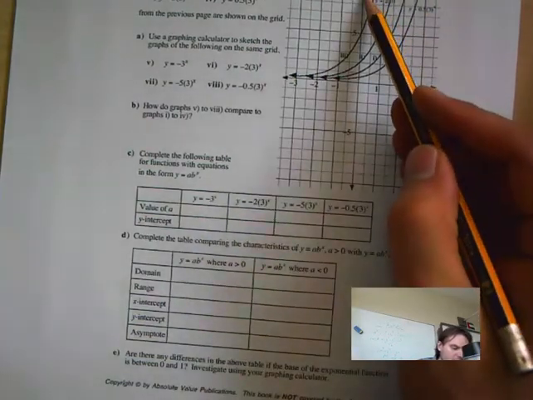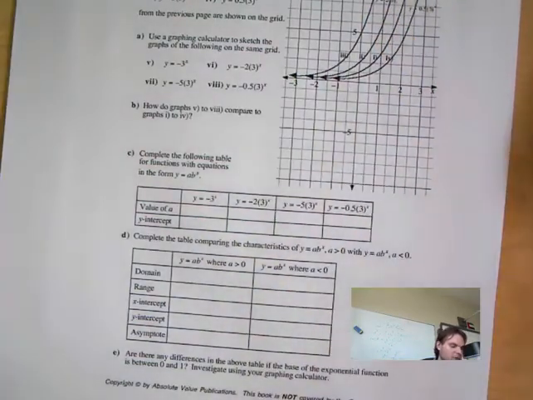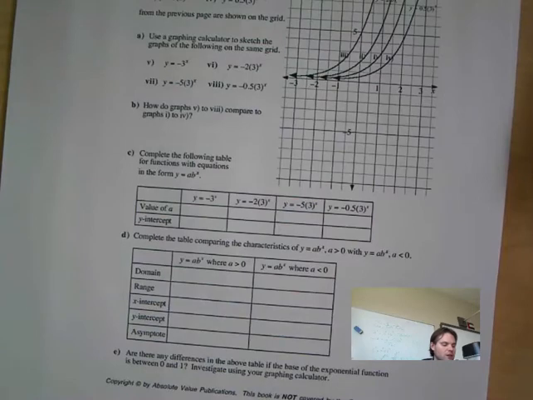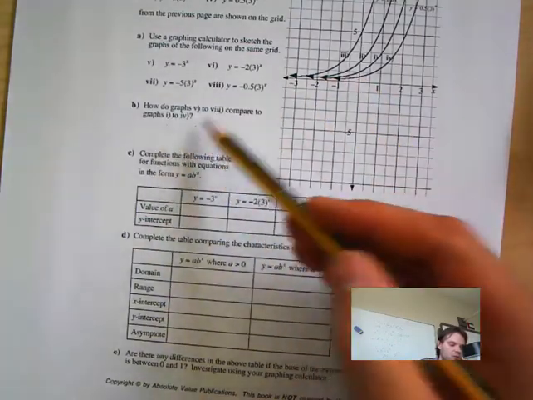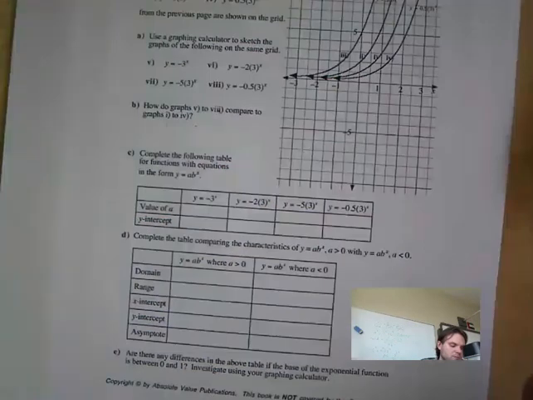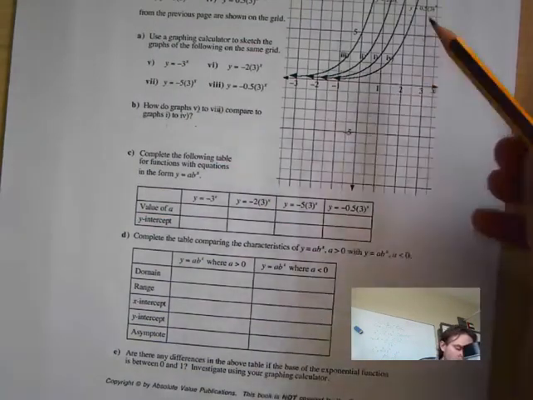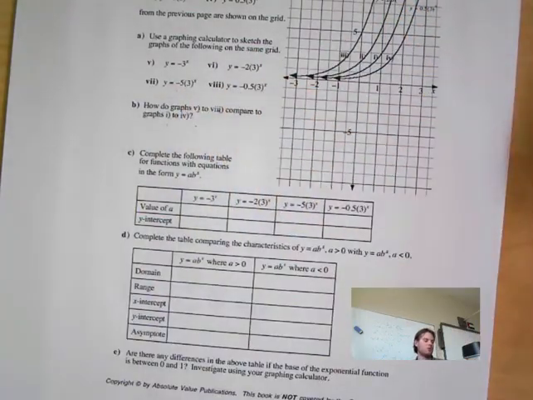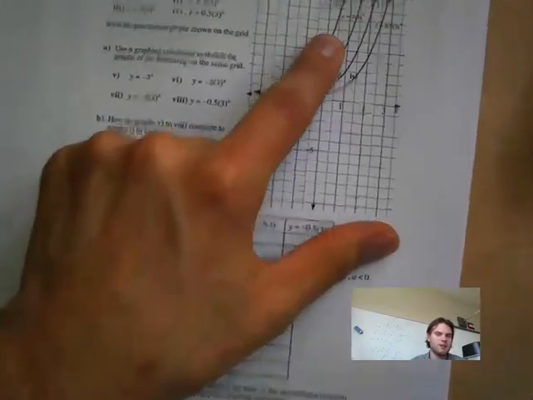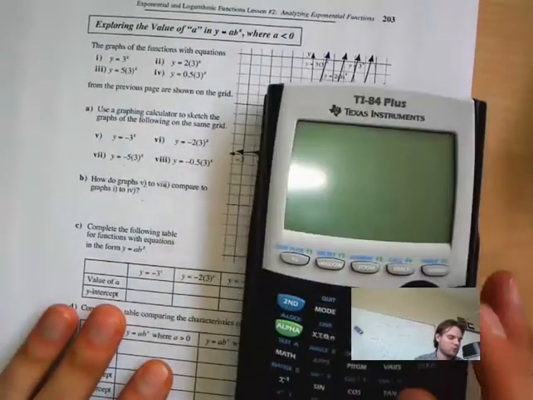They have each graph already graphed, and we're going to sketch them on your own graphing calculator. How do these two graphs compare to those? These here are all the positives. Now here we have some negatives. So here are my graphs in A, and now we're going to do the negative ones.